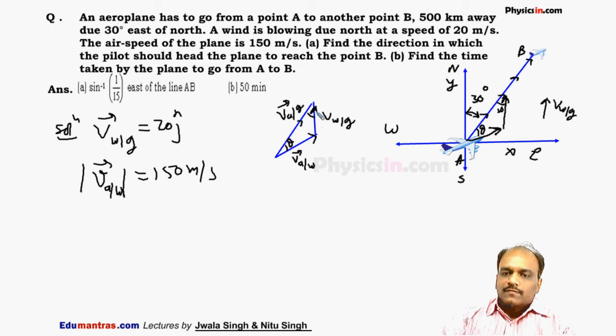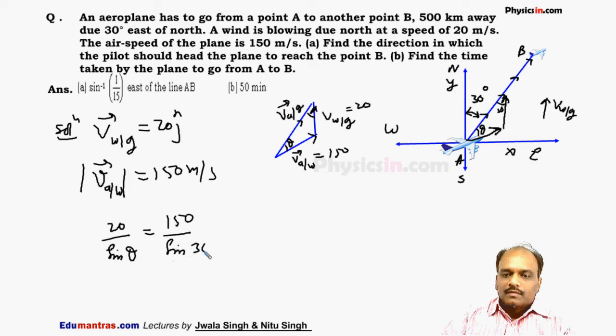Since these three velocities form a triangle, this we know is 20, and this magnitude is 150. So taking the sine rule, 20 by sine theta is equal to 150 by sine 30. This angle is 30 degree.